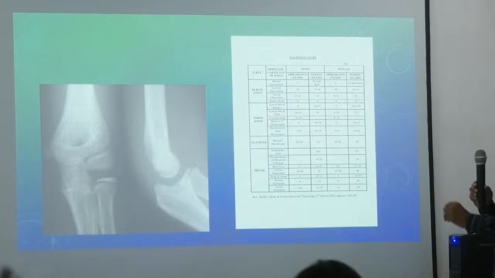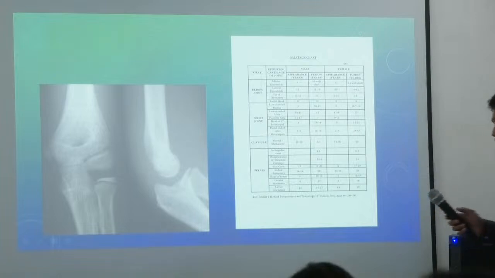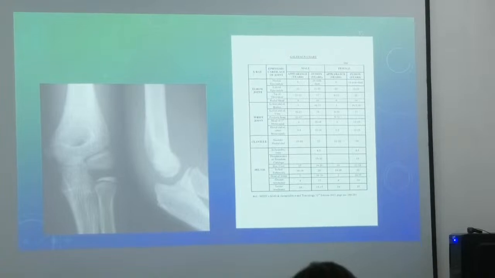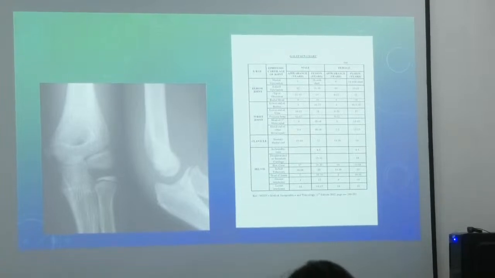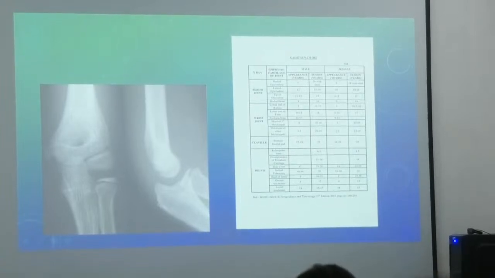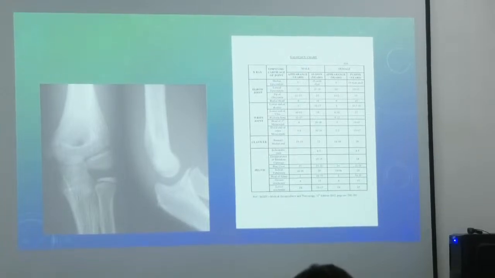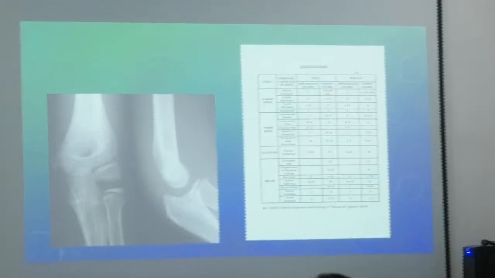Just try and we'll calculate the age. It's your task. Take a fresh page, start writing: it is a skiagram of the elbow joint. Then you write the findings and then you write the opinion.